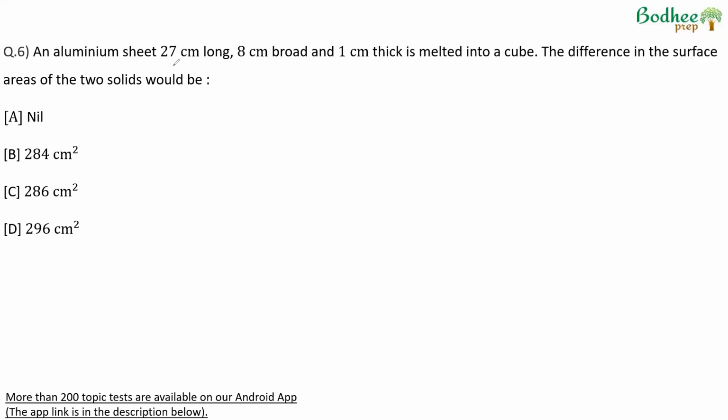Aluminum sheet 27 centimeters long, 8 centimeter broad, 1 centimeter thick is melted into a cube. The difference in the surface area of the two solids would be. Now the surface area of the cuboid will be 2 into LB plus BH plus LH.